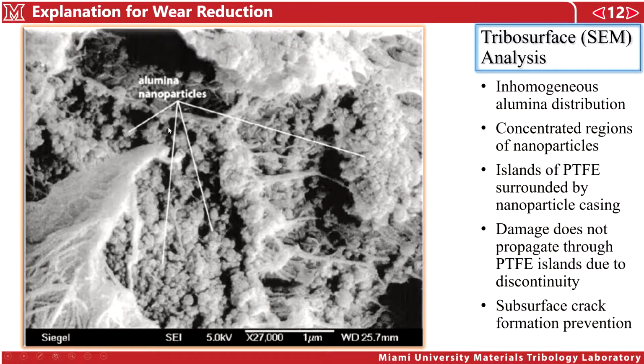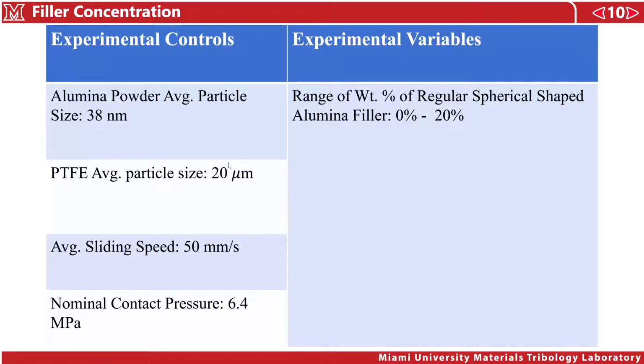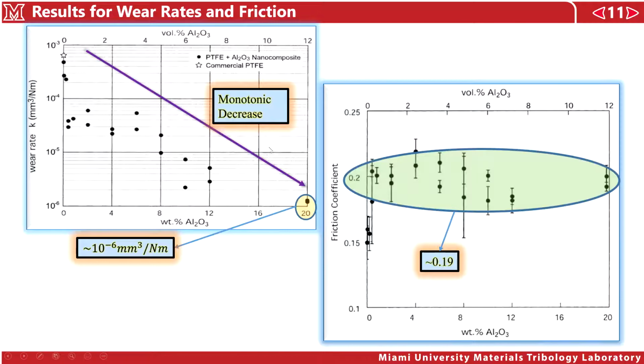Now, because of these islands of PTFE surrounded by the alumina nanoparticles, there's no direct contact between two consecutive islands of PTFE. If any particular PTFE island gets damaged during sliding, then the other islands are not affected because of this disconnect. And as you can recollect from this graph, there's a monotonic decrease, meaning increasing weight percent of Al2O3 decreases the wear rate monotonically.